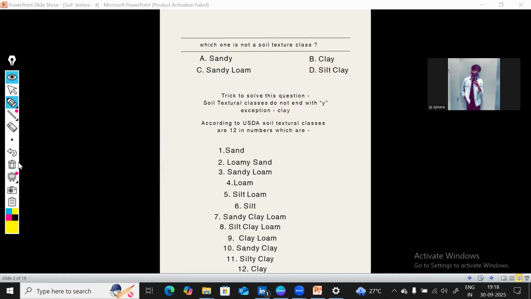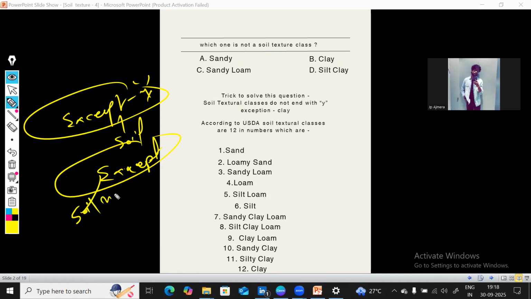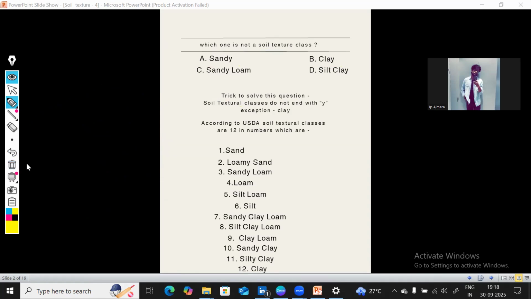There is an exception also. In the clay case, there can be a Y at the end, and that would still be a soil textural class. But except clay, no soil class has a Y at the end. All right. So we'll go through them one by one.